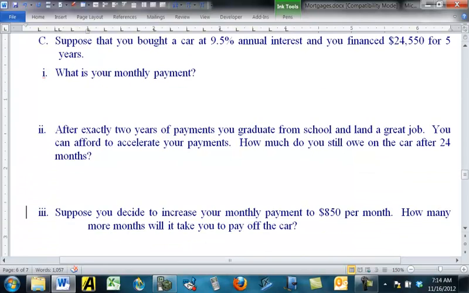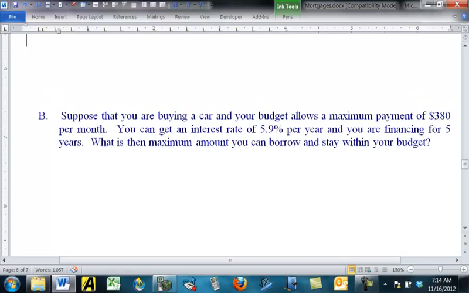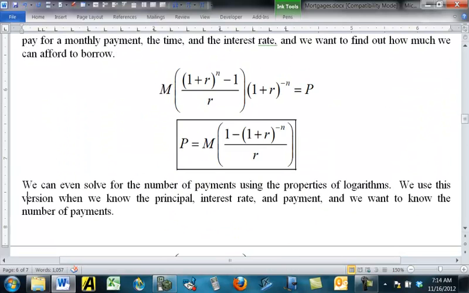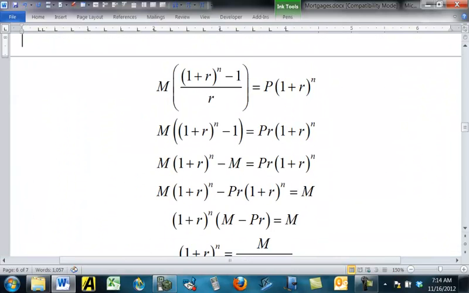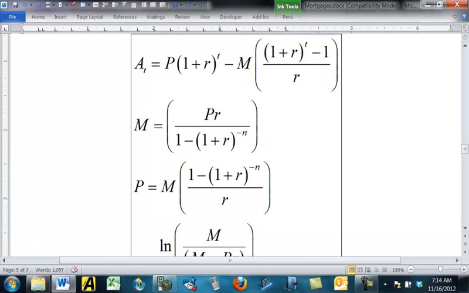Now take that as your new principal, and you decide to increase your monthly payments to $850. That should be more than what we figured your monthly payment was before. How long will it take you to pay off the car? To do that one, you're going to use the A formula at the top to figure out what your balance is after you've made 24 payments.